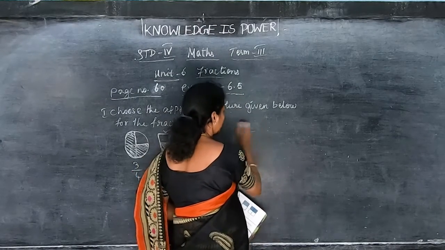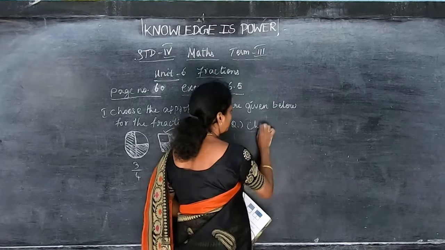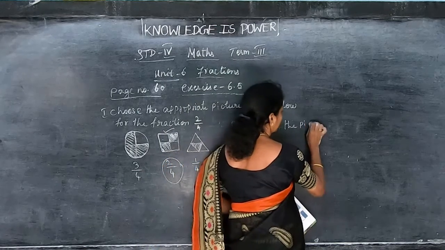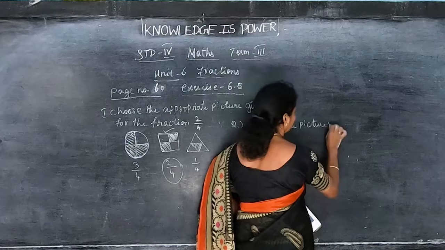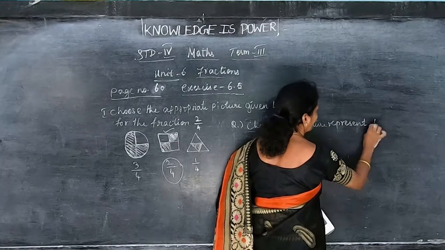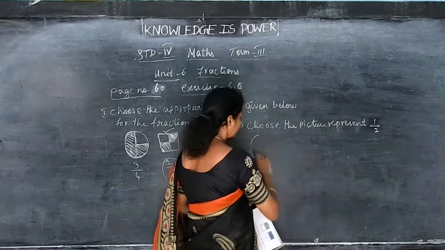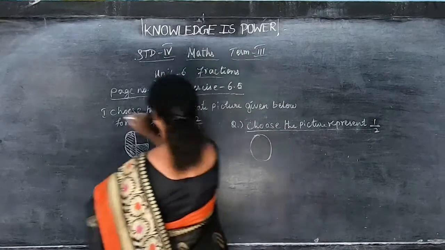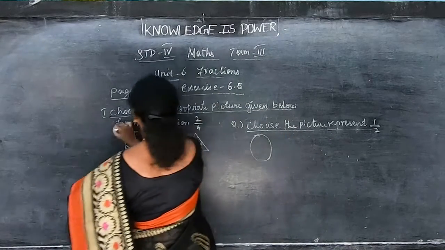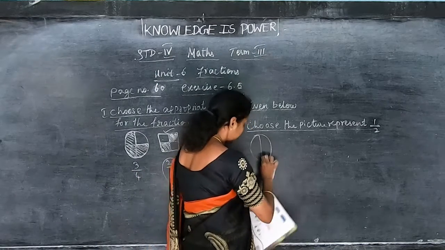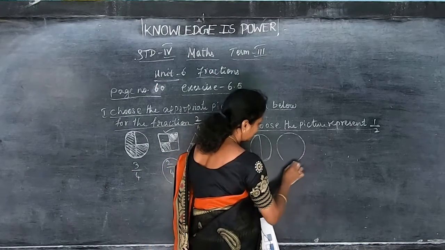Choose the picture. Sum number 2 is choose the picture. Same thing only. Represent 1 by 2. 1 by 2, which picture represents? See, here they have given the circle. Half, and here it is.